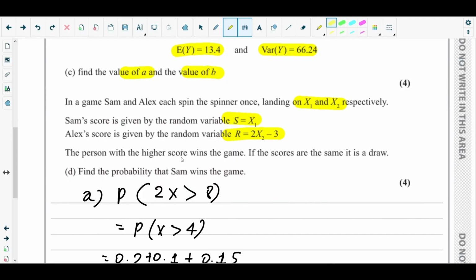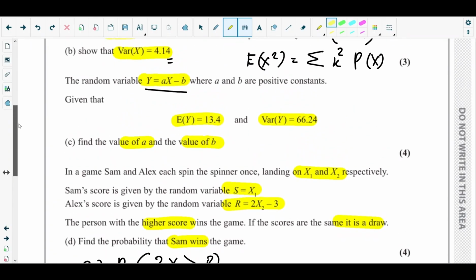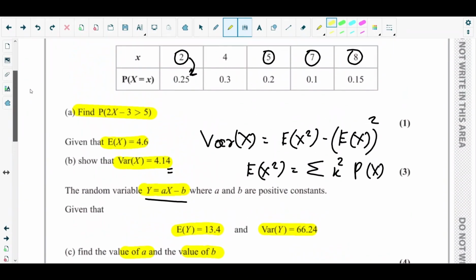The person with the highest score wins the game. If the scores are the same, then it is a draw. Find the probability that Sam wins the game. We need to find the probability that Sam wins the game. In order for Sam to win, the score of Sam should be greater than the score of what?